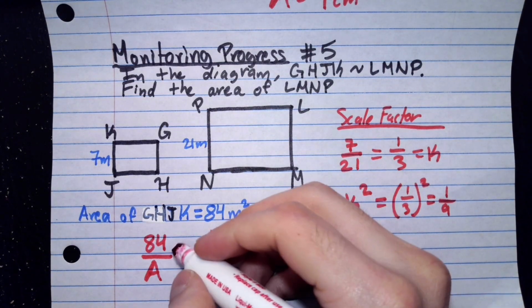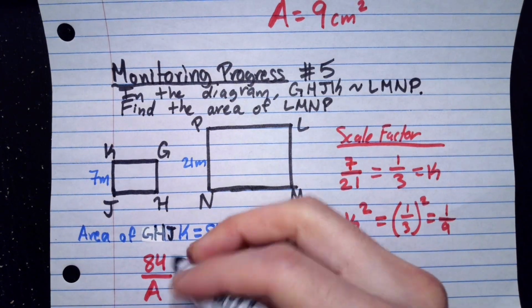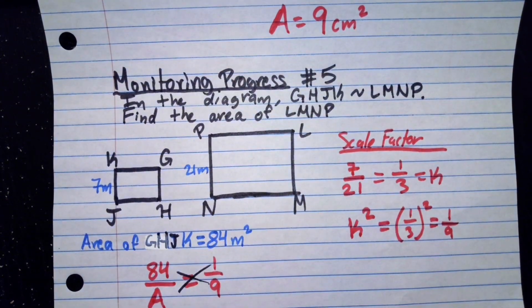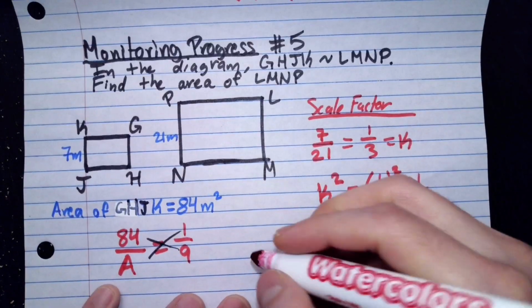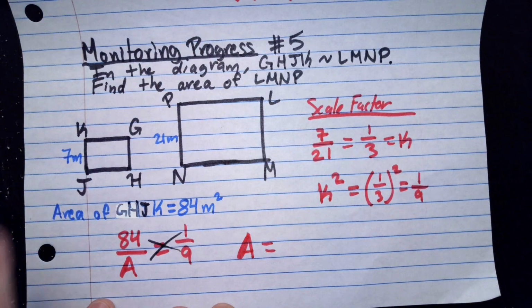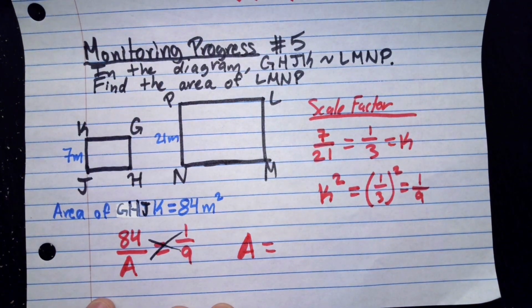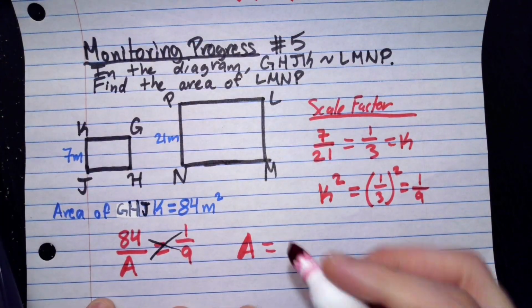Now once again, if I cross multiply right down the middle, I should be finding my answer in one step, because 1 times A is just going to give me A, which is what we want. And then 84 times 9, I'm going to punch that in my calculator, and we're going to get 756.